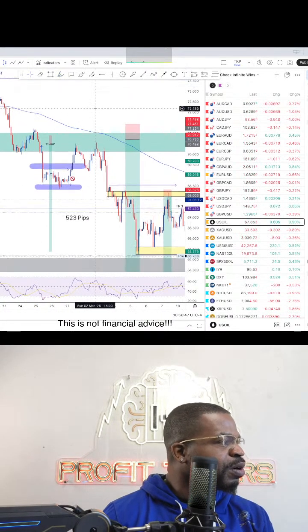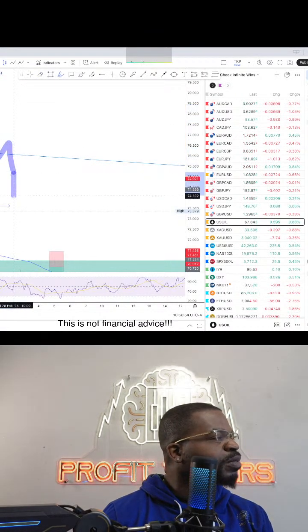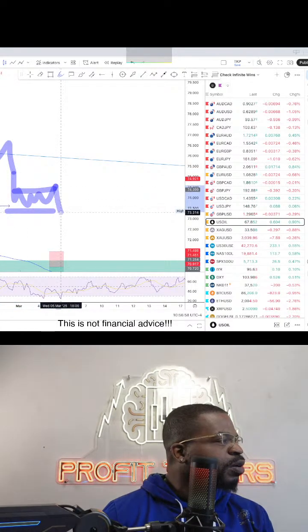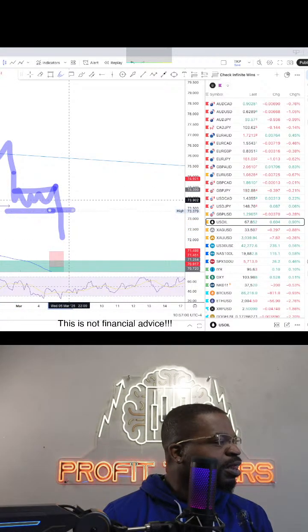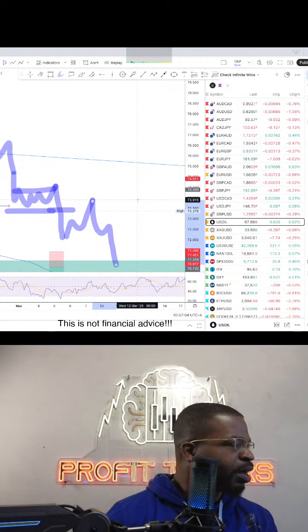So just like the drawing you saw, if price is going to continue, it's going down and you see consolidation, when we get a break, that's my entry on that trade. And I'm taking it to the downside.